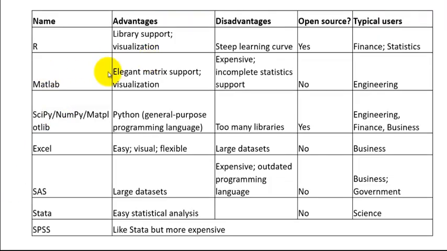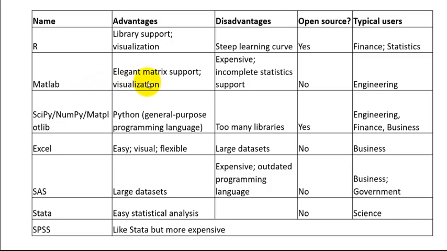Now I have a table here that enumerates the differences between these libraries. For example, I have the advantages and disadvantages, though what I have here is just a kind of short note. It's more than this. So, for example, R has library support and it can do visualization, but it has a steep learning curve. R is more difficult than Python.